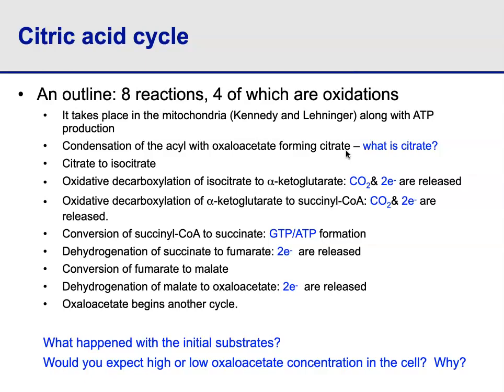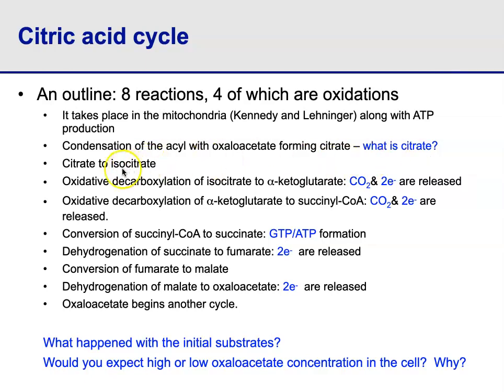That high energy bond was placed there so that we can break it and harvest the energy into generating a new bond to form citrate. What is citrate? If you look at the structure of citrate, and we'll get to that point a little later, you will see that citrate is a tricarboxylic acid, hence the name, the tricarboxylic acid cycle.